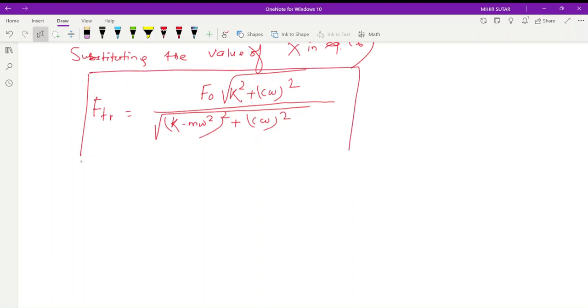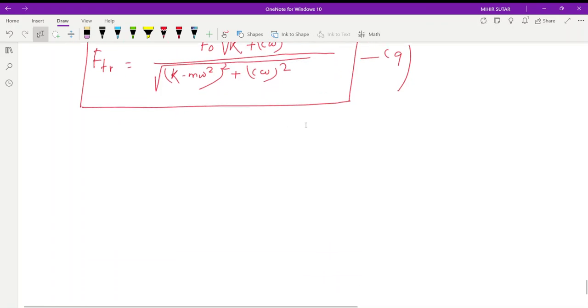Okay, this is equation 9. Now this is the force transmissibility equation. So force transmitted, sorry.